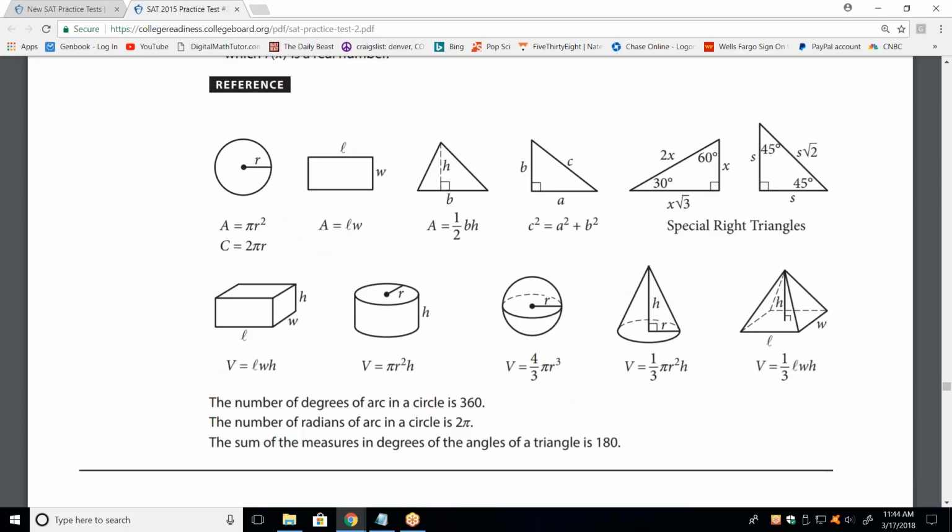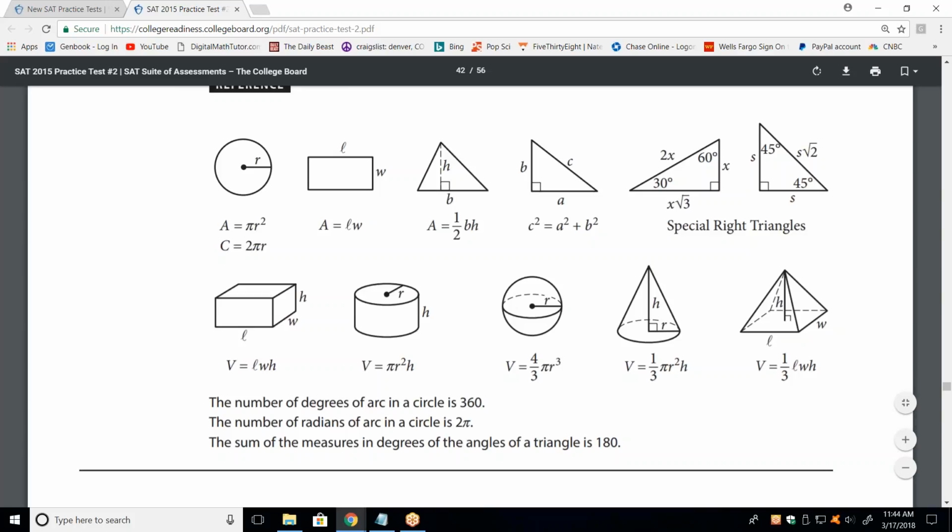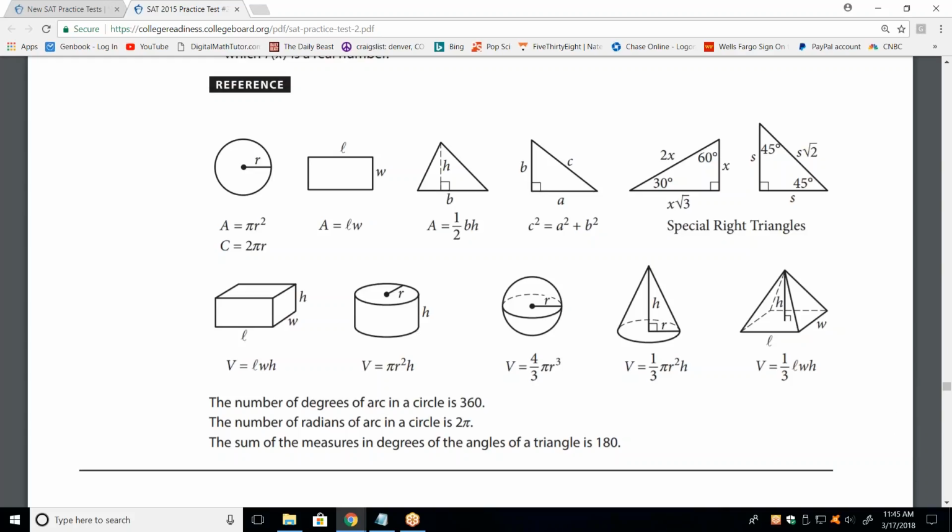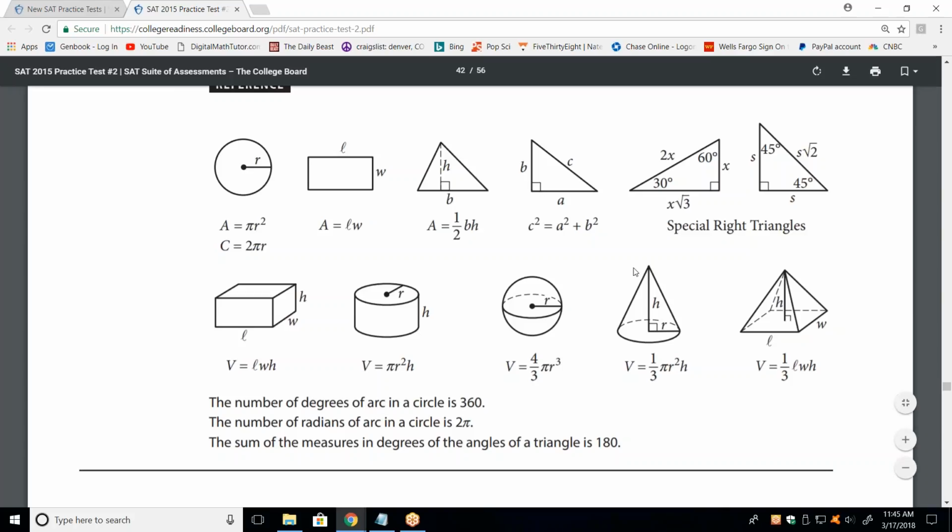Plus this down here, the number of degrees in a circle. This would have helped. The number of radians of arc of a circle is 2 pi. So they do give you a little information about radians that would have helped on that trig question, but not enough.